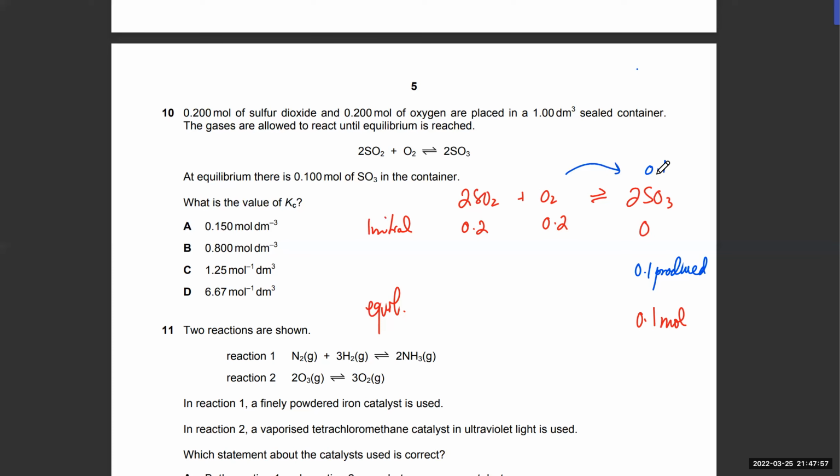To produce 0.1 moles, 0.1 moles of SO2 must have reacted, because it's 2:2. So if you want to produce 0.1, 0.1 must have reacted. So they're gone. And to produce 0.1, 0.05 of O2 must have reacted, it's 2:1.